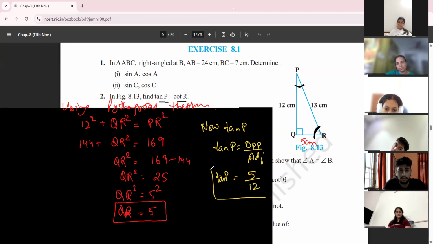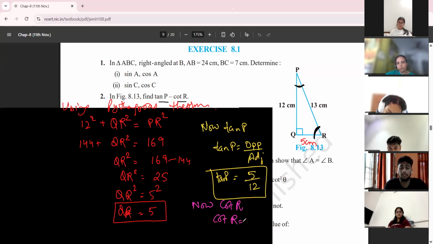Tan P. Next, now cot R. For cot R, cot is reverse of tan. So I can simply reciprocate 5 by 12. But the problem is they're asking you for R. So if it is opposite by adjacent, for cot I will write adjacent by opposite, right? Clear or not?